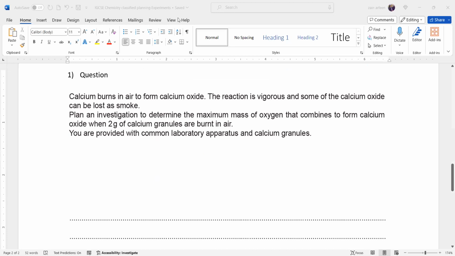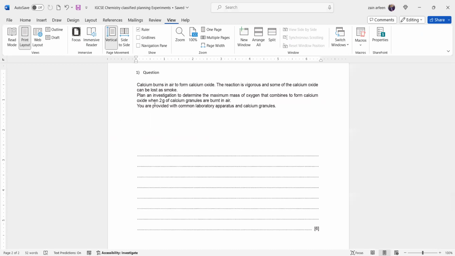So what is the first point for this planning experiment, because we want to find how much oxygen has reacted with calcium? Always mention the apparatus you are using for your experiment, always mention their names.